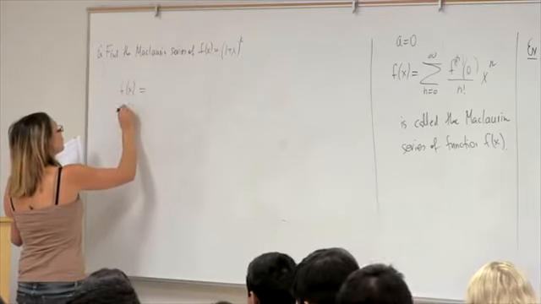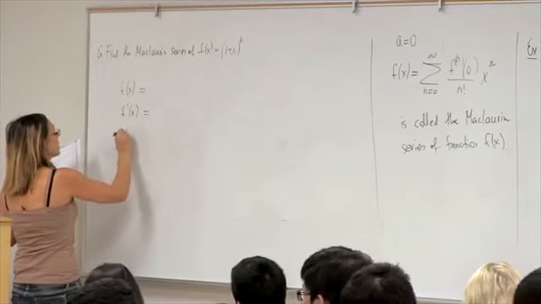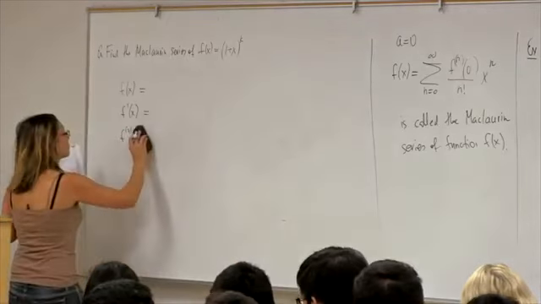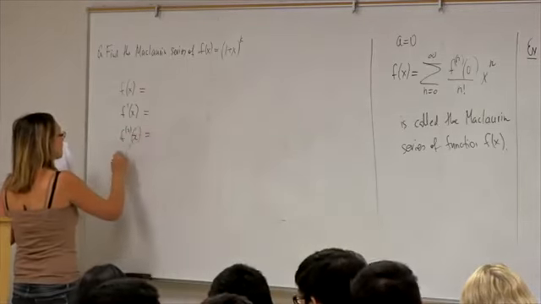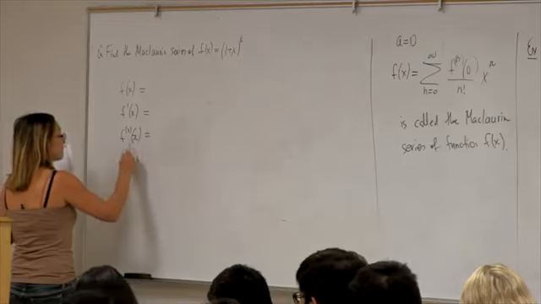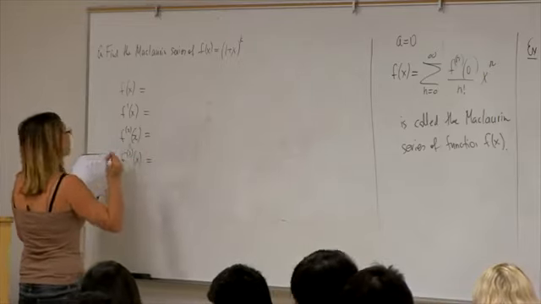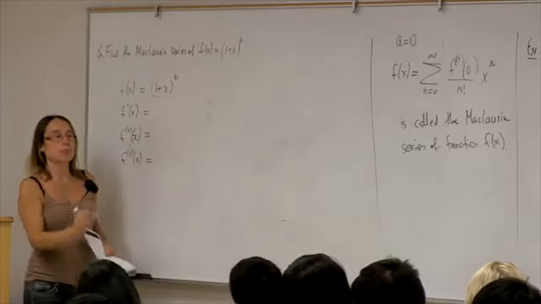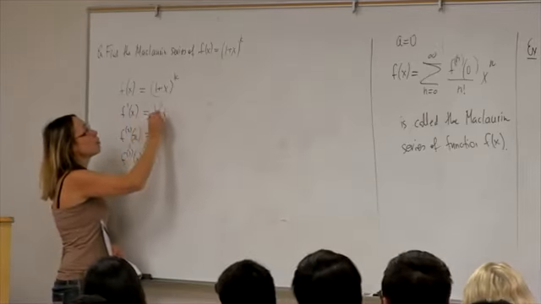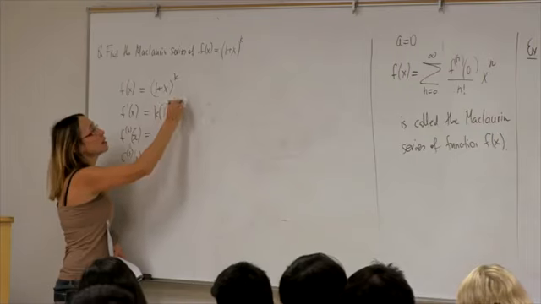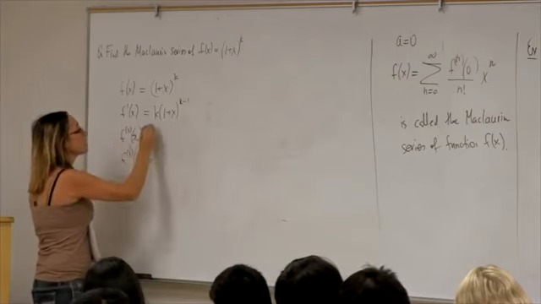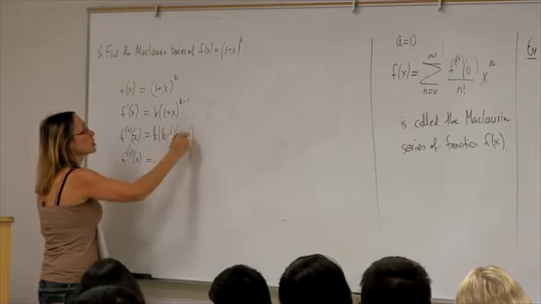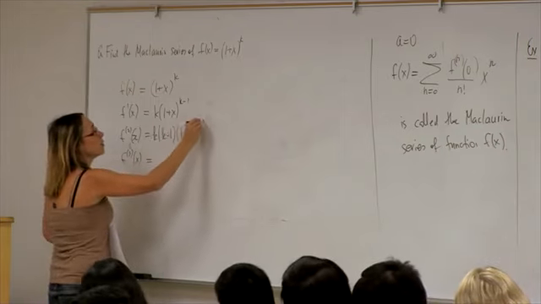I'm going to need f of x and all of these derivatives. So 1 plus x to the k. This is my given function. The first derivative is k times 1 plus x to the k minus 1. The next one is k times k minus 1 times 1 plus x to the k minus 2.